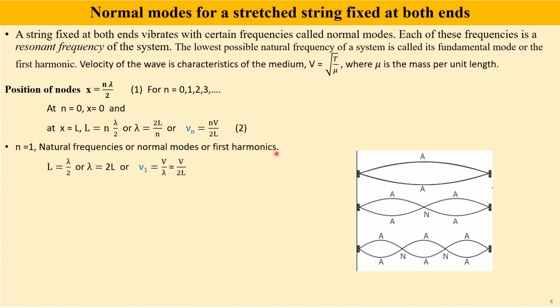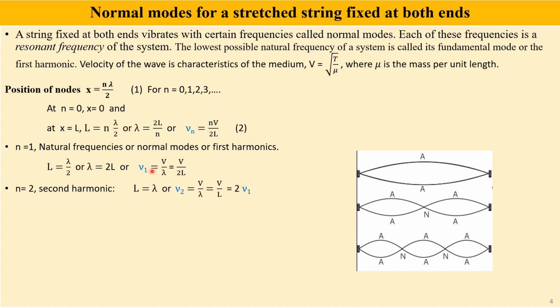If you put n is equal to 1 in equation 2, we get L is equal to lambda by 2, or lambda is equal to 2L. And nu 1 equals v divided by 2L. This is the first harmonic or the natural frequency of vibration.